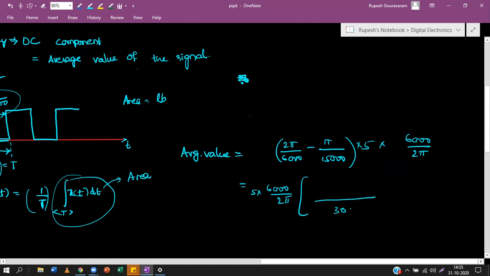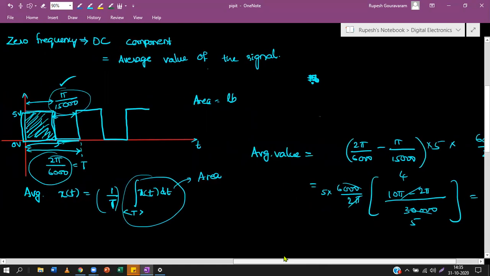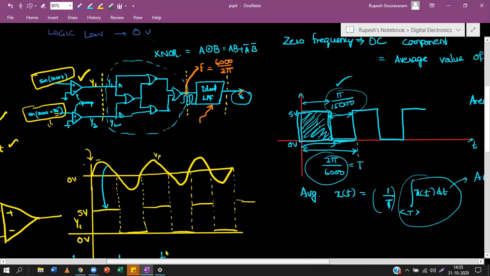So 30,000, 5 twos are 10, and 2 is 2 pi. So this will go as 5s. This will go by 4. So 4 by 5 into 5. So this will be 4 volts. So the average value of that signal will be 4 volts.